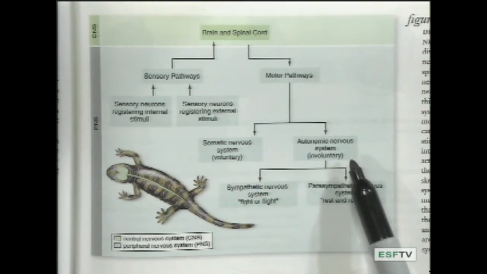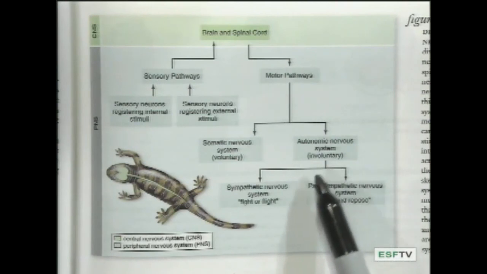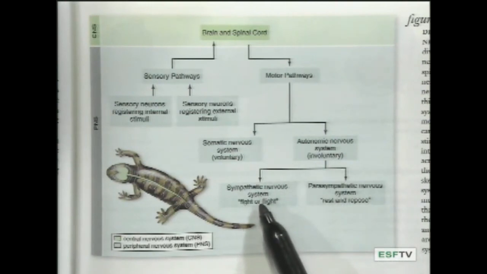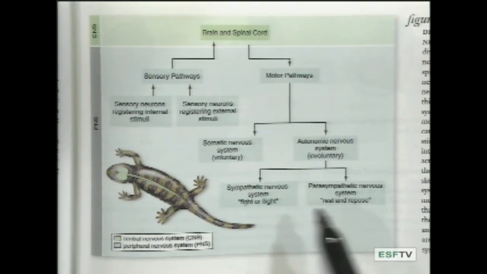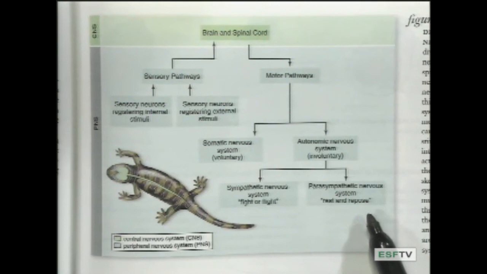This autonomic nervous system can be broken into the sympathetic nervous system and the parasympathetic nervous system. The sympathetic nervous system is the one that is responsible for a fight or flight response. And the parasympathetic nervous system is what is being used during a rest and repose system.